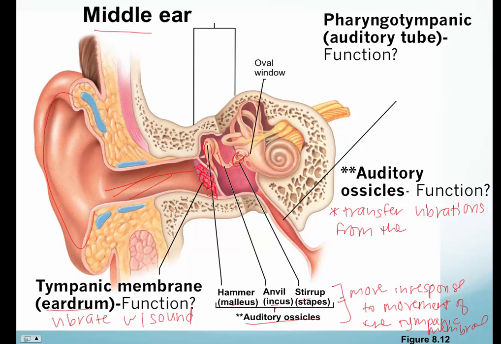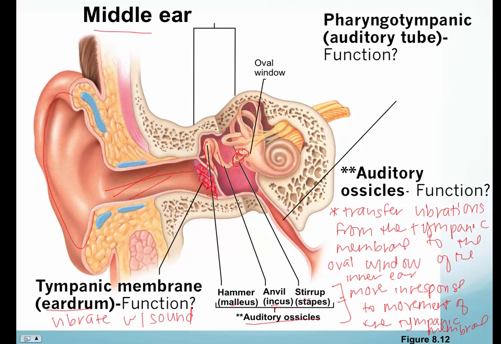from the tympanic membrane to the oval window of the inner ear. The oval window is this structure over here, and we're going to see why that's important in a little bit.